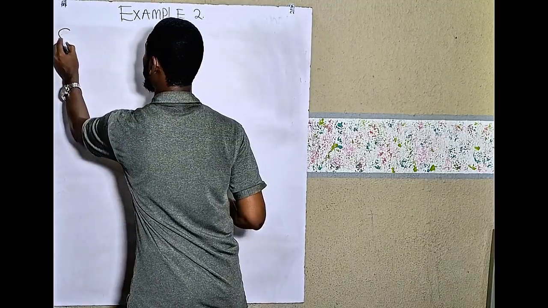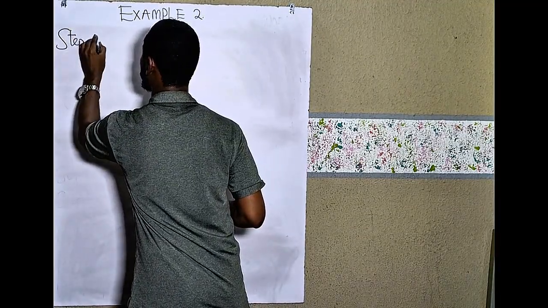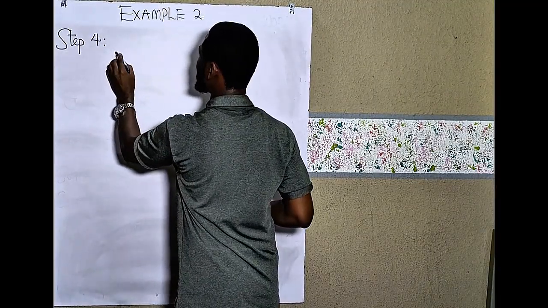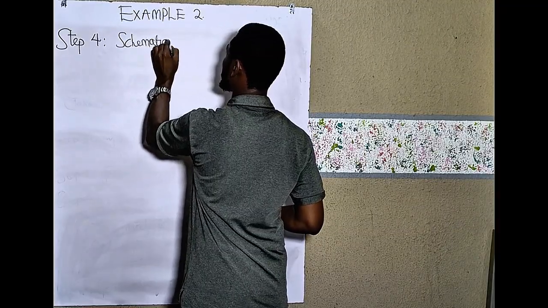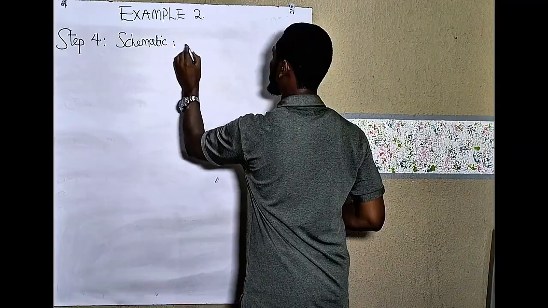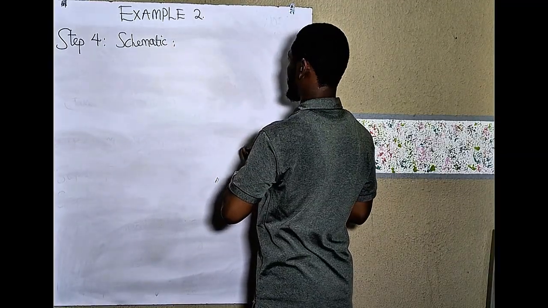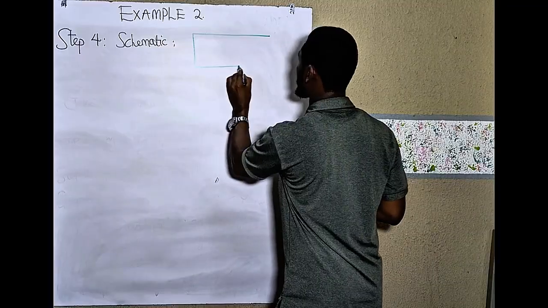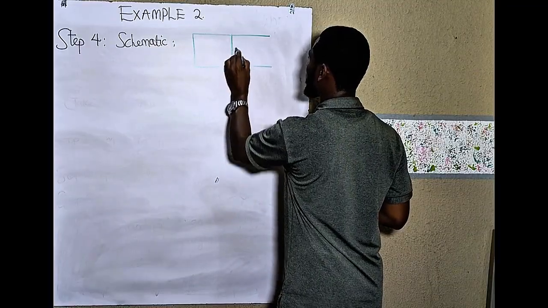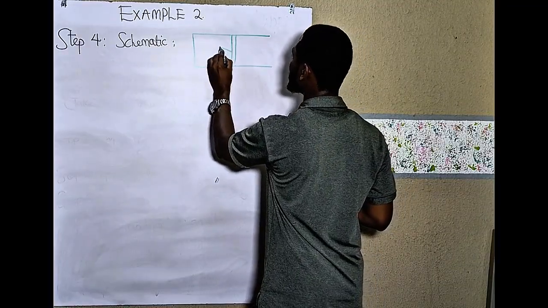Step 4. Schematic. Here is a piston cylinder arrangement.